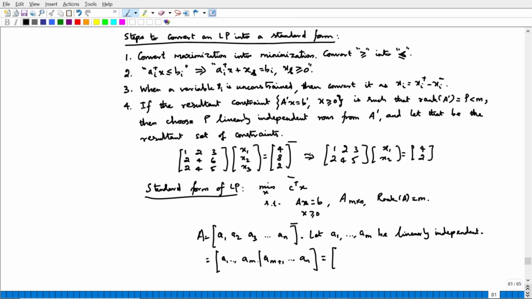I am going to call this matrix B. B is an m cross m matrix and N is an n minus m cross m matrix.